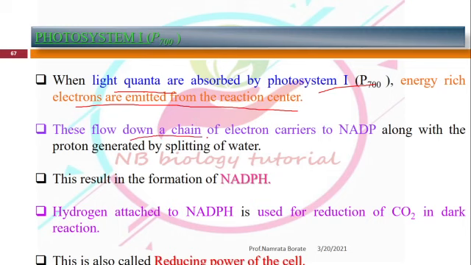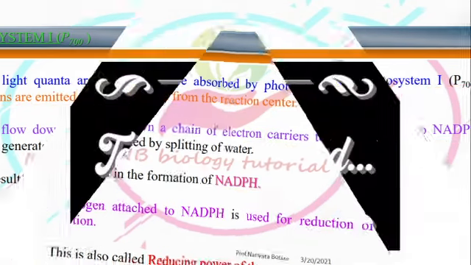These flow down a chain of electron carriers to NADP along with the proton gradient from the splitting of water molecules. The result is that 4H plus combines with NADP to form NADPH2. The hydrogen attached to NADPH is used for the reduction of carbon dioxide in the dark reaction. This is called the reducing power of a cell.